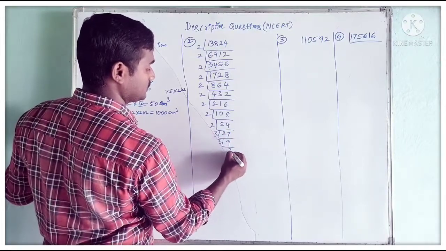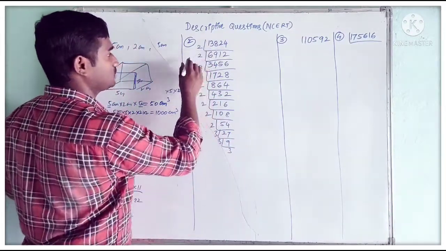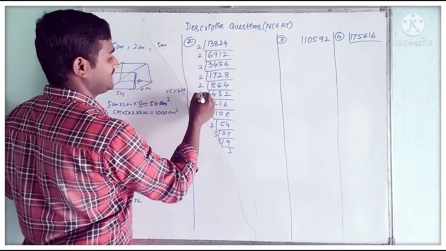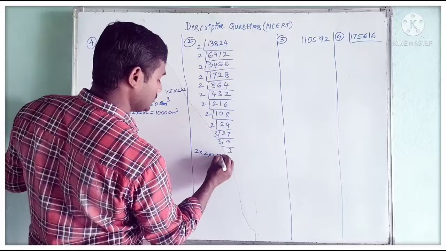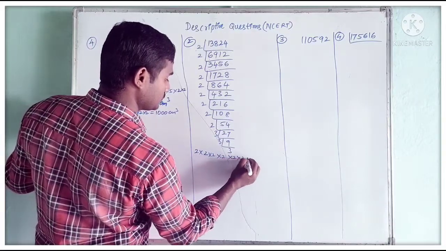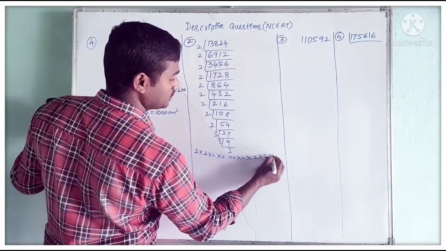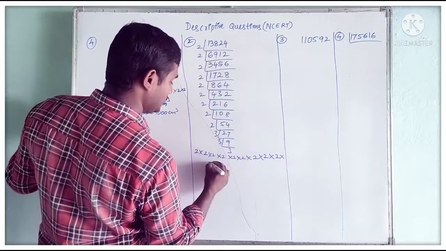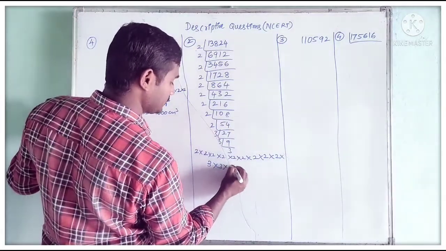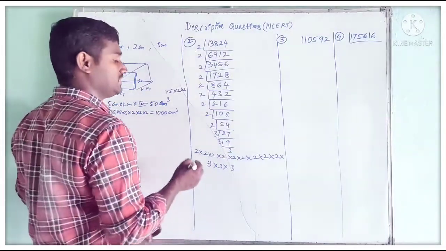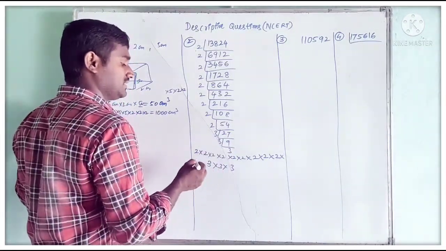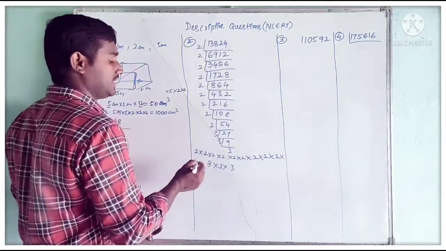3 3s are 9. So the prime factorization you can write here. How many 2's do we have? 1 2 3 4 5 6 7 8 9. So 2 into 2 into 2 and 2 into 2 into 2 and 2 into 2 into 2 into 3 into 3 into 3. Yes, so you can make the groups. From every three similar factors we should make a group here.